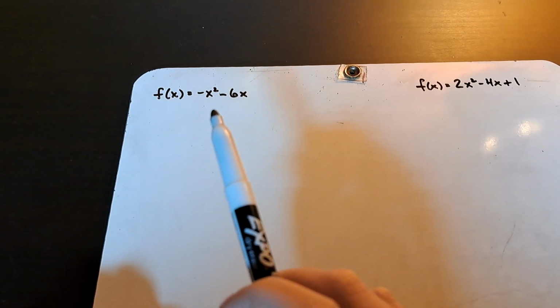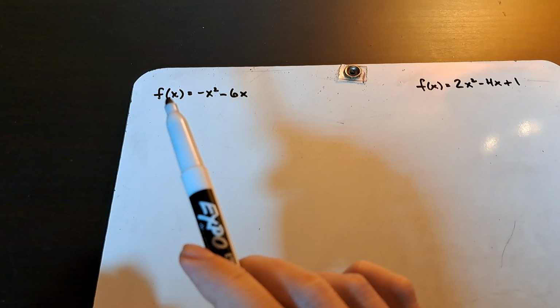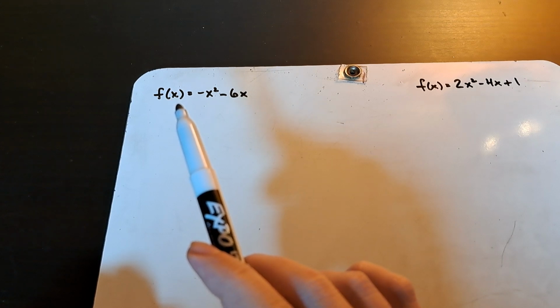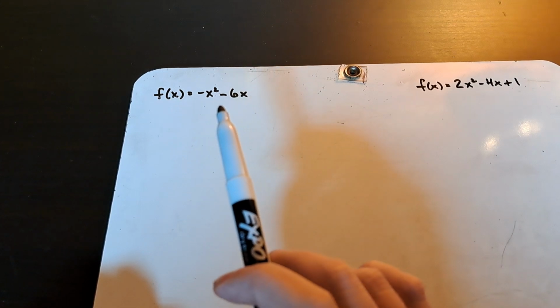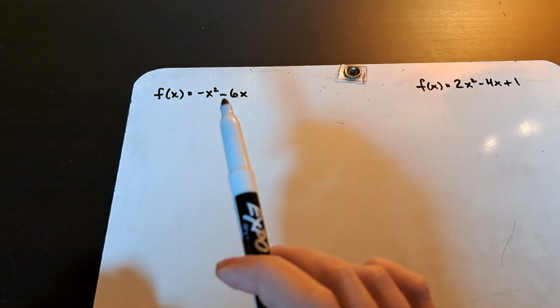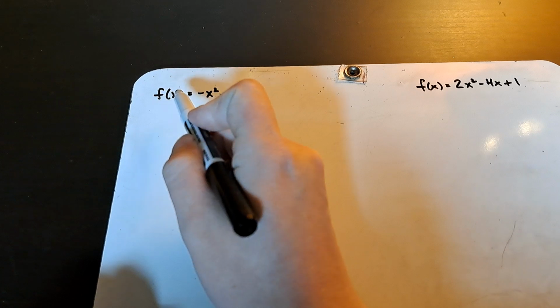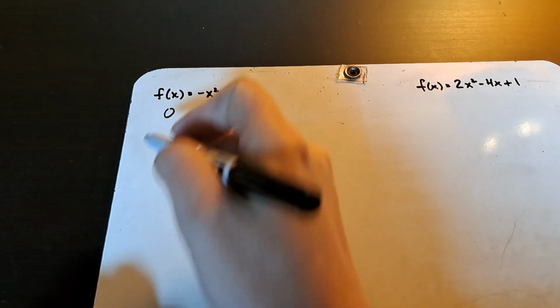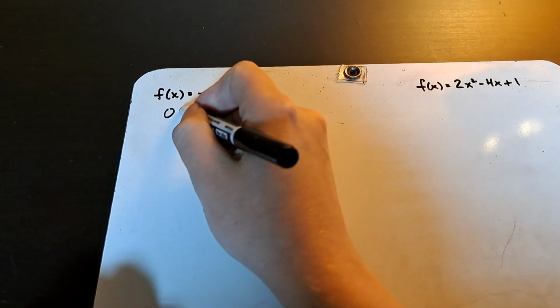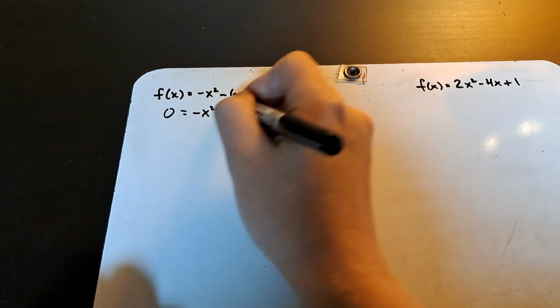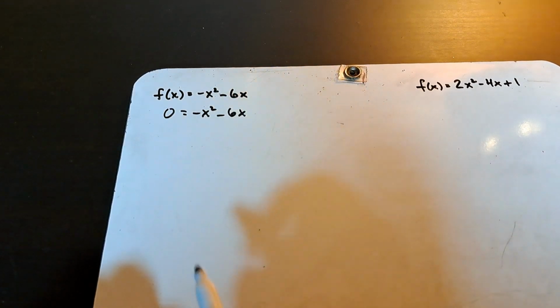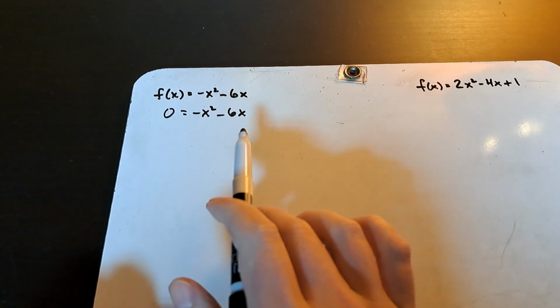In order to find x-intercepts, the definition is that the output is going to be 0 for the value of x that we're trying to find. So here, I'm going to set my output f of x equal to 0, and I'm going to try to factor the right side of the equation.